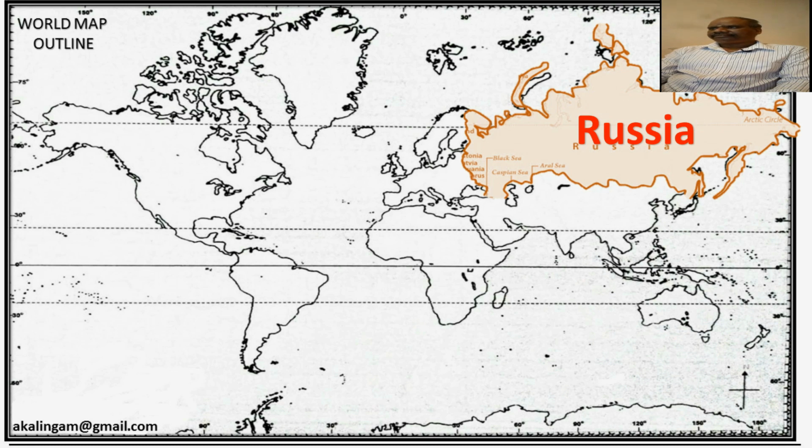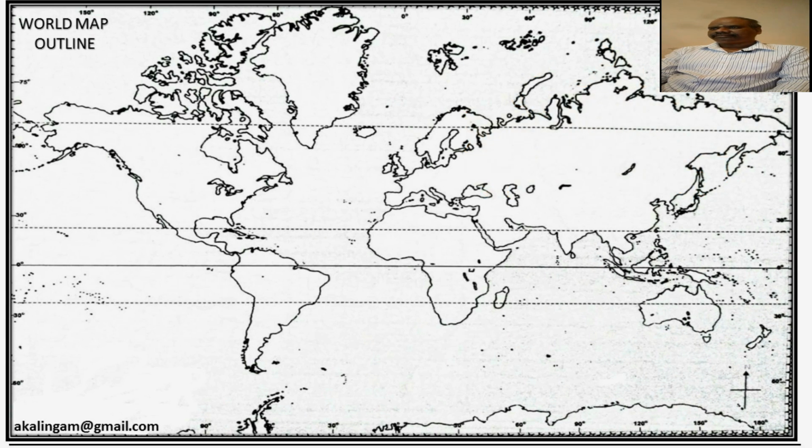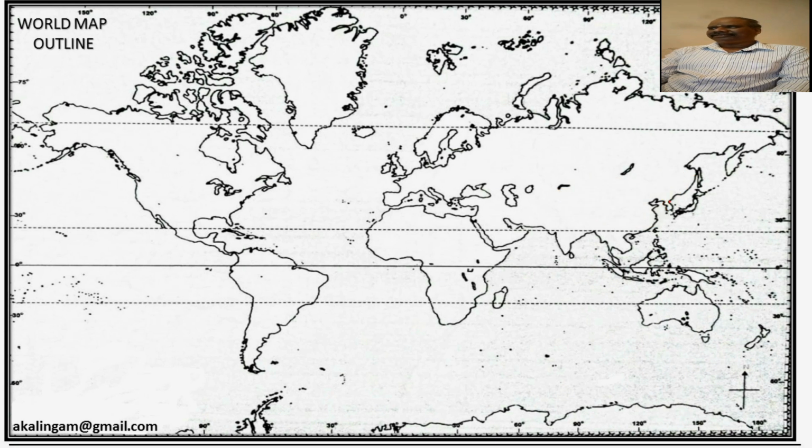Russia is a transcontinental country located in Eastern Europe and Northern Asia. Its capital is Moscow. China is our neighboring country. Coronavirus originated from its Wuhan city.